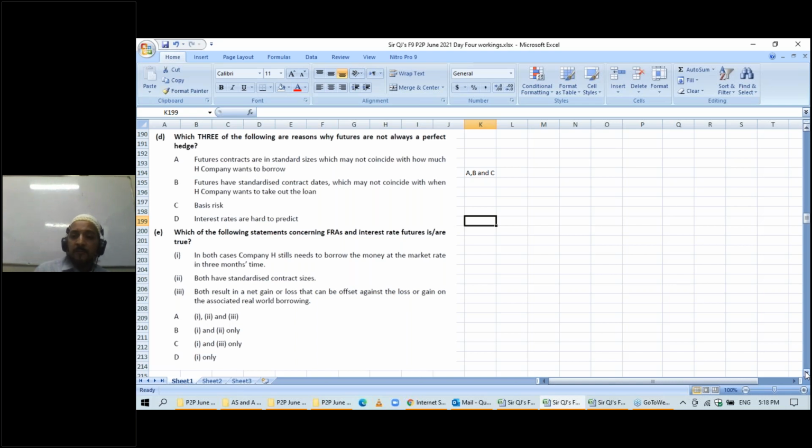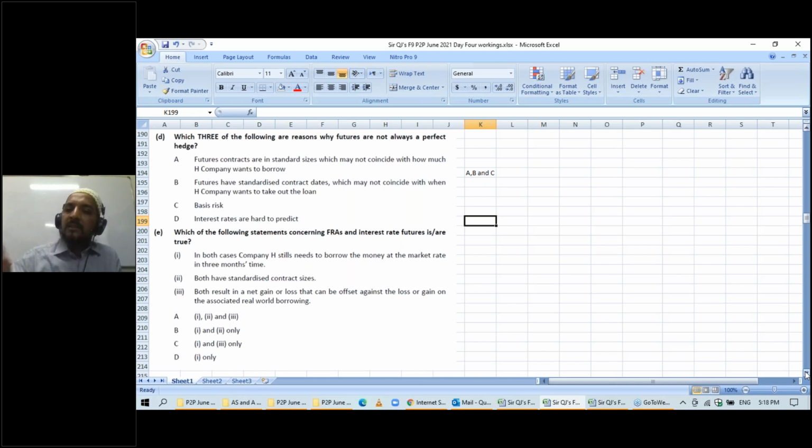Okay, let me explain first. In case of a forward rate agreement, the bank with which you enter into a forward rate agreement will compensate you for anything in excess of 7.8%, right? This means that you have to enter into a loan agreement with some other bank. So with one bank, you will be entering into a loan agreement, and with another bank, you will be entering into a forward rate agreement, right?